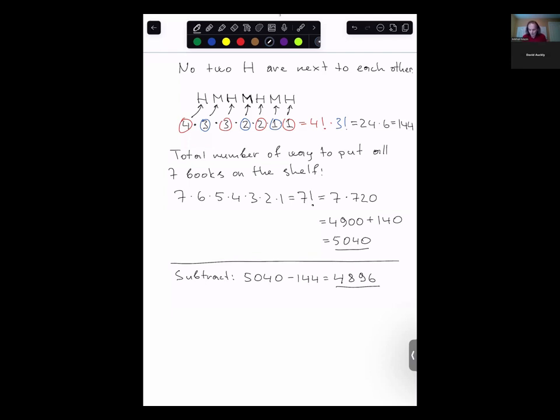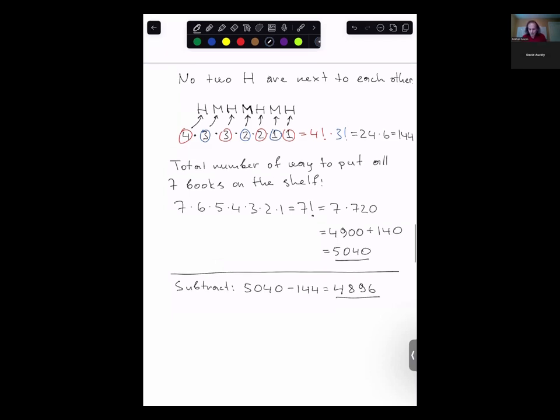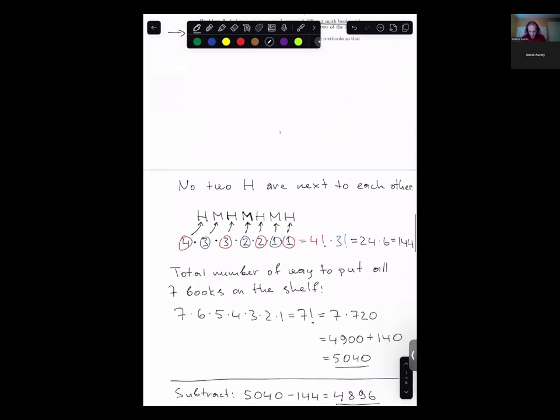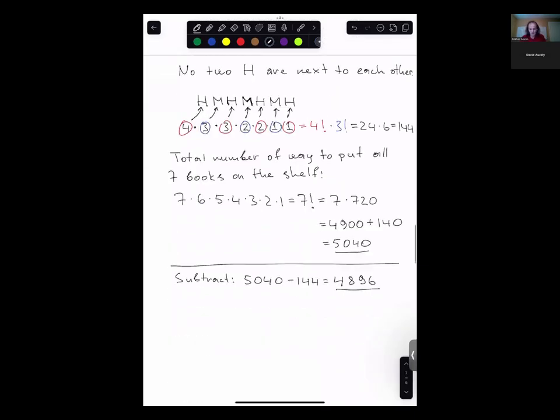So here the reason was that for the bad arrangements there was just one pattern possible, but for the good arrangements there are a lot of patterns. That would be a lot of cases that we would need to compute separately, and that would take a lot of time. So that's why it was convenient to use this subtraction idea for this problem.